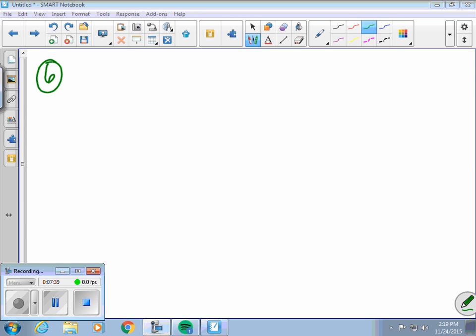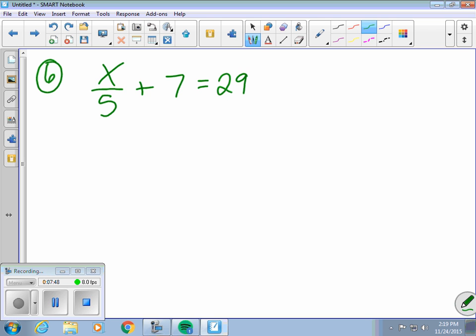The last two-step equation we are going to look at today says x over 5 plus 7 equals 29. In this case, if I had a value for x, I would plug it in, divide by 5, and then add 7. So I would divide, then I would add. So I'm going to do the opposite of those two things, and I'm going to go backwards.